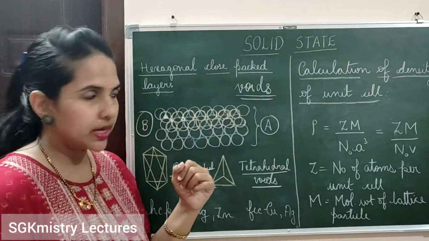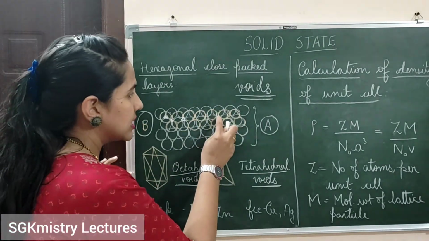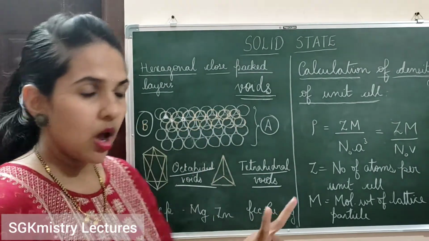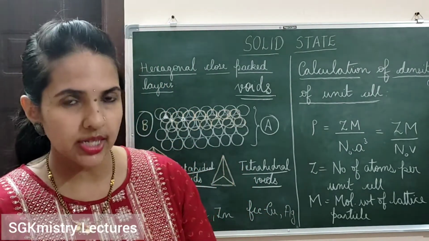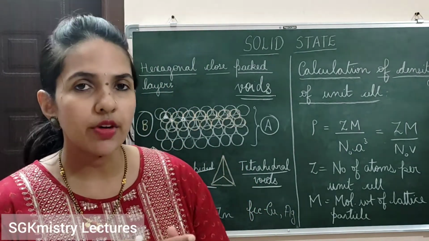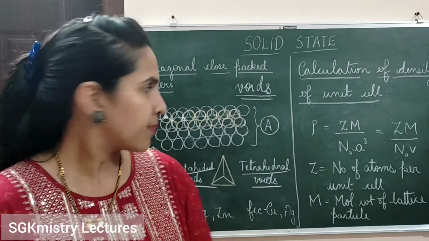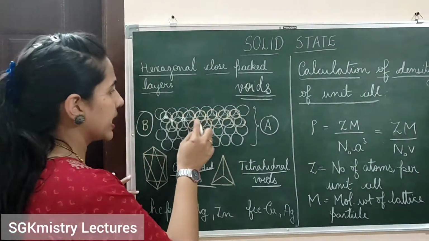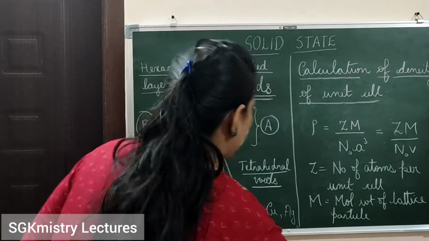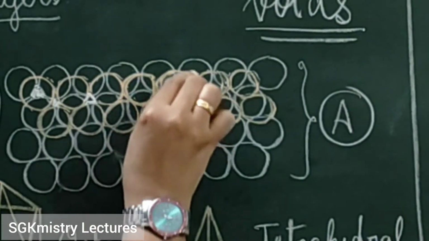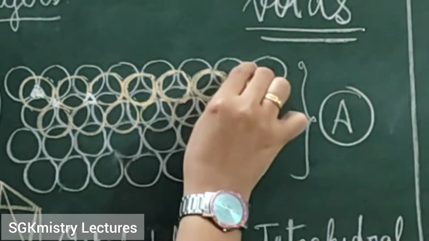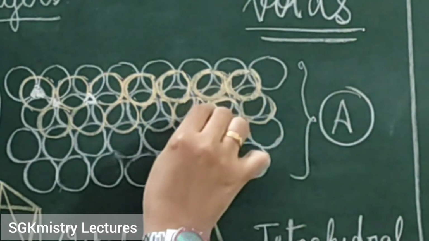The first possibility is covering the tetrahedral voids. The next possibility is covering the octahedral voids. Now, this is the second layer. Let me just show it to you. Let me just highlight it.